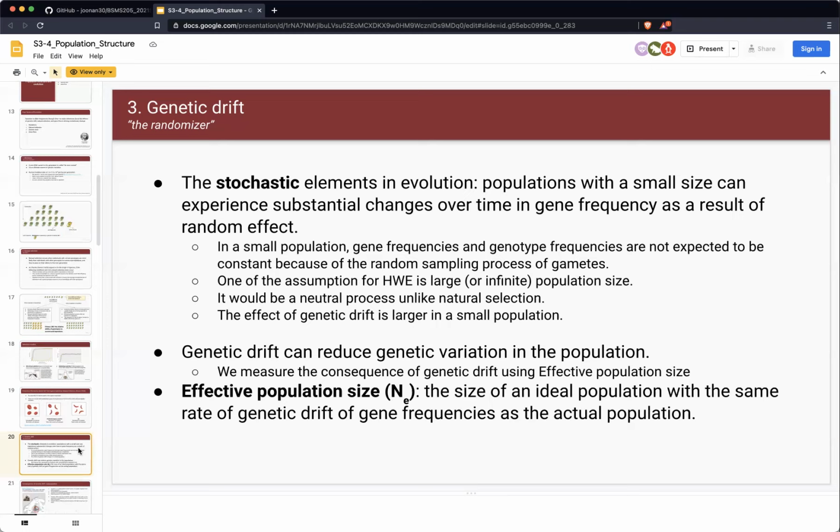So if you're looking at a certain population, that population is maintained as a whole, but it can be divided into small pieces and they move on to different areas, right? So a population with a small size can experience substantial change over time in terms of gene frequency because of the random effect from the environment.